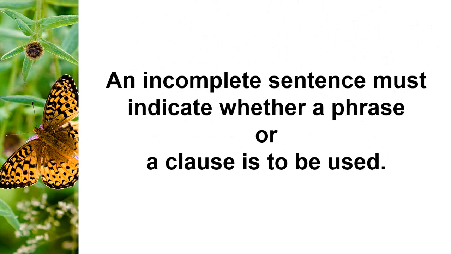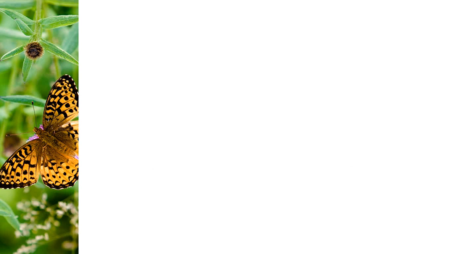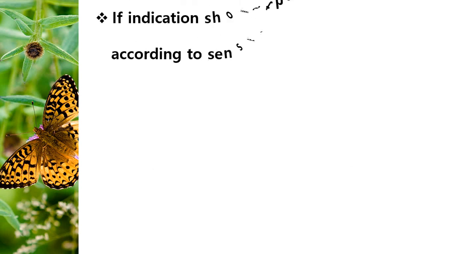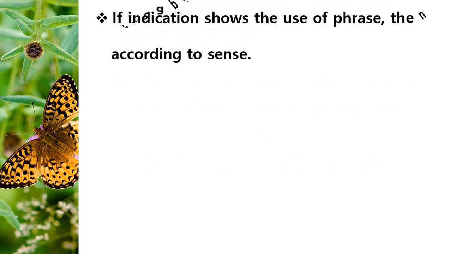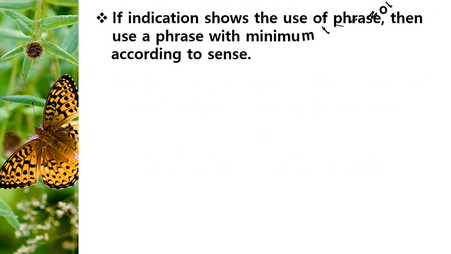If we go through the incomplete sentences, then we can find out whether a phrase or a clause can be used. If indication shows the use of phrase, then we have to use a phrase with minimum two words according to sense.